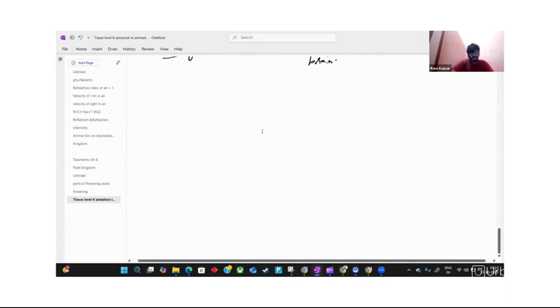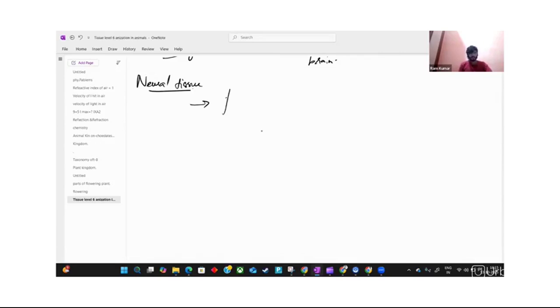The fourth one is neural tissue. Nervous tissue exerts the greatest control over the body. The neural tissue, as the name says, is present in neurons only. It has the greatest control over our body's responsiveness.